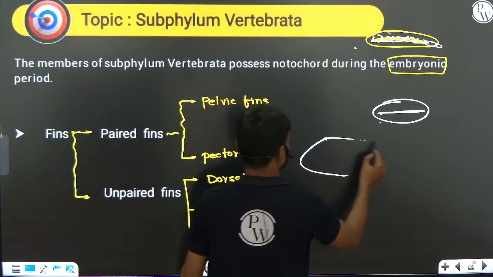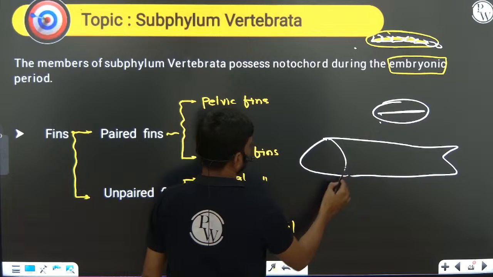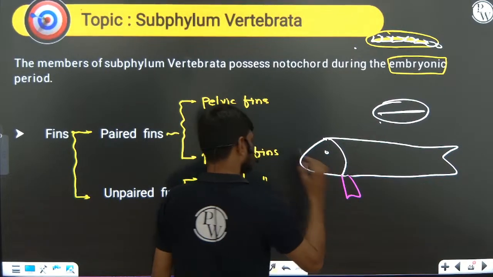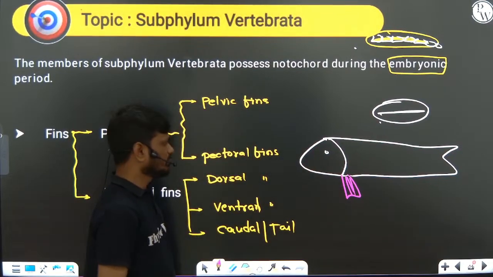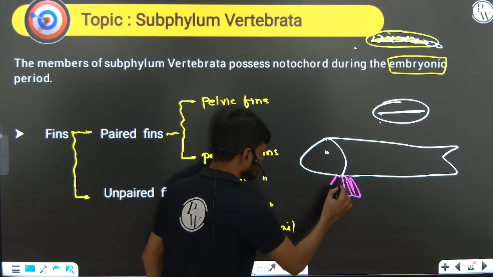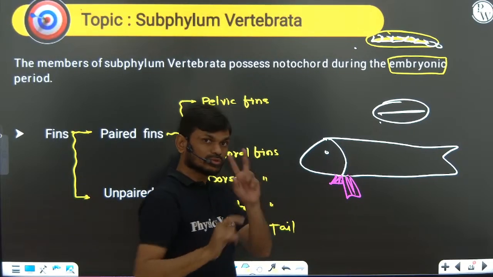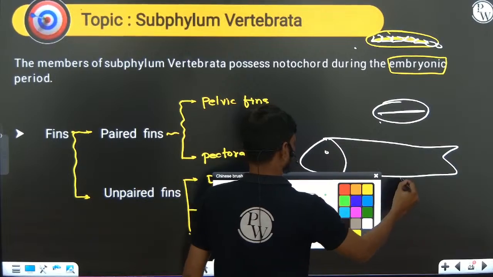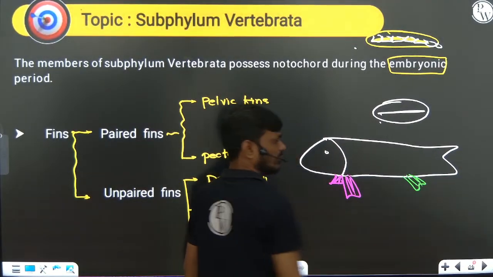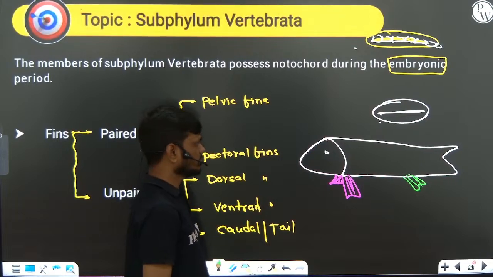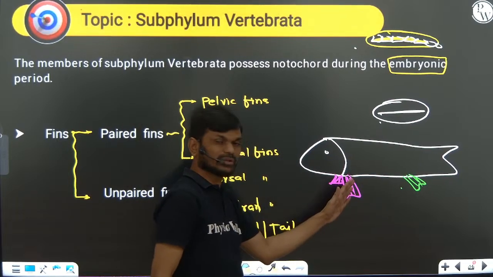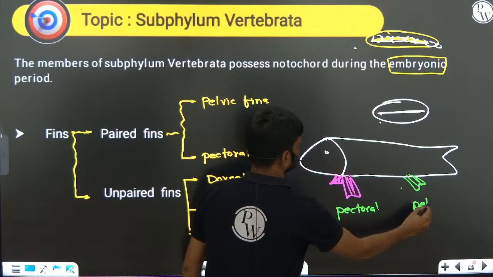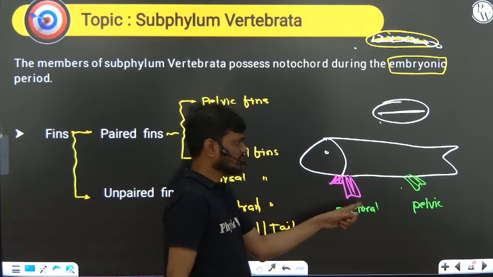Suppose this is the fish. You can see this is the pelvic fin, and one more will be on the other side, so two, one pair. And this is the pectoral fin. Pelvic fin and pectoral fin, they are paired, two in number.